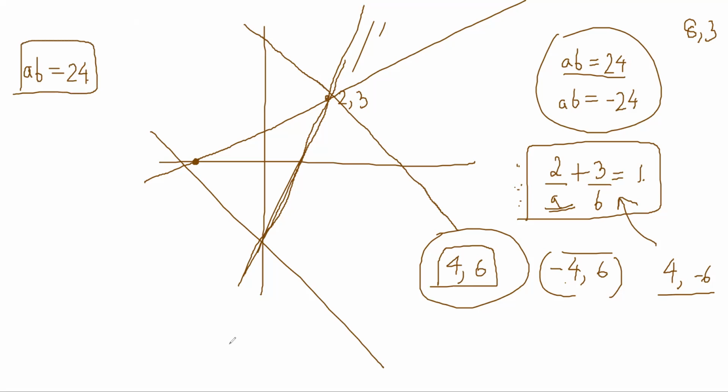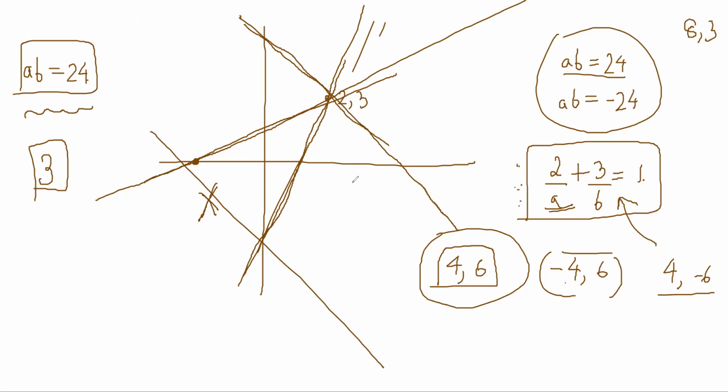So just because you cannot figure out the value doesn't mean that you should reject this option and this option. I can say that there are three possible lines. This is the only one that is rejected. So this gives me the answer 3, because from the diagram it is clear that only three possible lines are there.